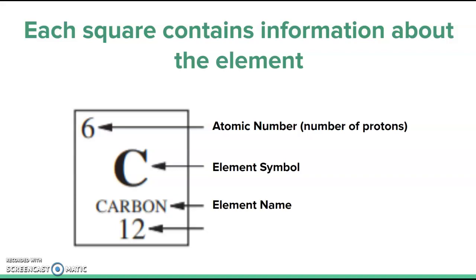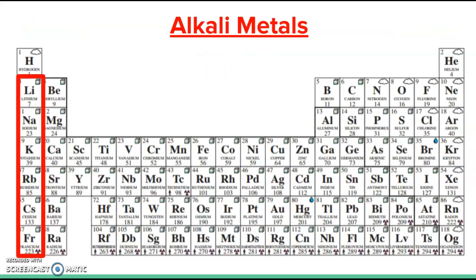What makes carbon carbon is that each atom of carbon has 6 protons in its nucleus. That last number down there is when we take the number of protons and add in the number of neutrons in the nucleus, and we call that the atomic mass. So the protons and neutrons are the two particles that create the amount of mass that an atom has.